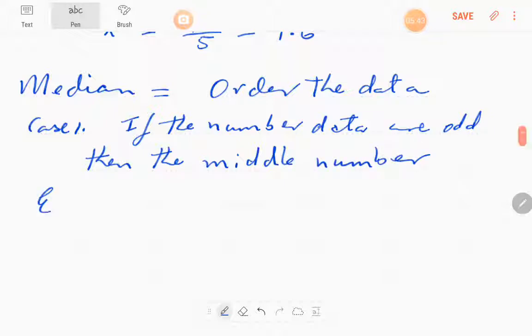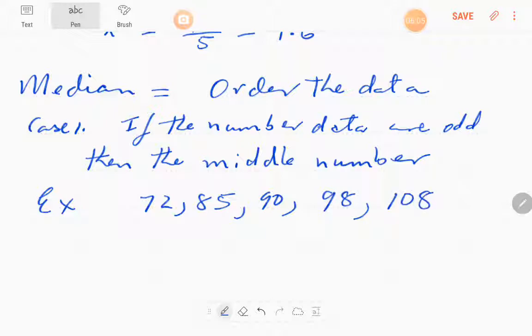So for example, if we have the values 72, 85, 90, 98, 108, then this data set is already in order, going from smallest to largest.